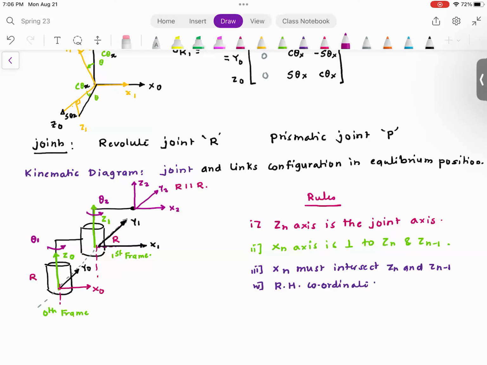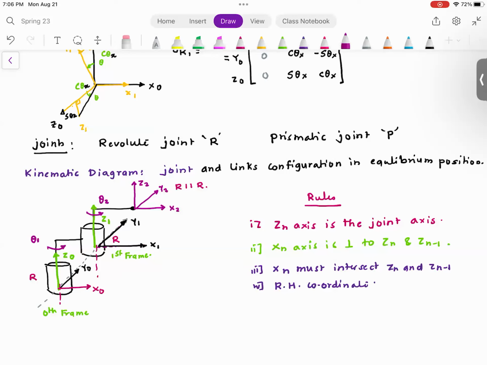Second rule is Xn needs to be perpendicular to Zn and Zn minus 1. And Xn must intersect Zn and Zn minus 1. And the last rule is you have to use the right hand coordinate system.